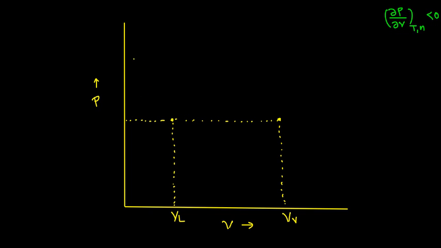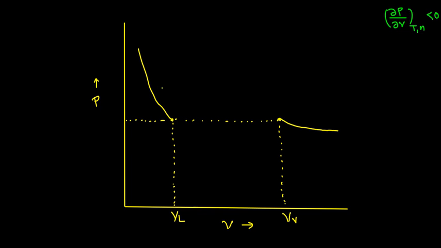This slope is negative, so I can have the system where I go on reducing the pressure, the volume will increase till I reach this point, and at this point the system becomes in equilibrium with the vapor, and I can again decrease the pressure, and the volume will further increase. So this is what is going to happen.